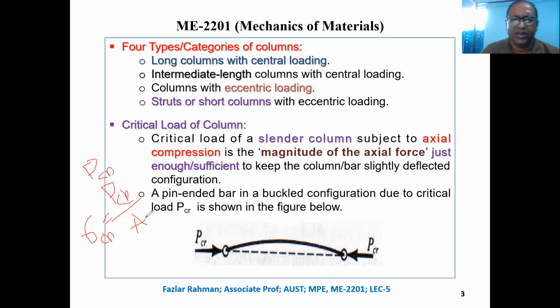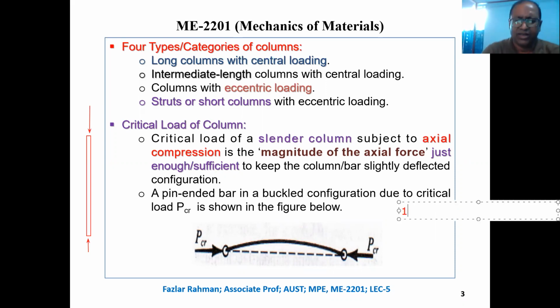Okay. Now, you know that you need to figure out the critical load. What does it mean physically? Or actually what I mean about the critical load of the column. For example, say you have a column like that, a vertical member, and you apply some load from the top, and it reacts at the bottom, right? Say initially you apply a load of 100 Newton, the column deflects a little bit, but still remains straight.